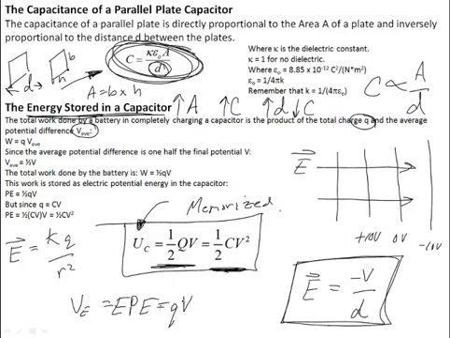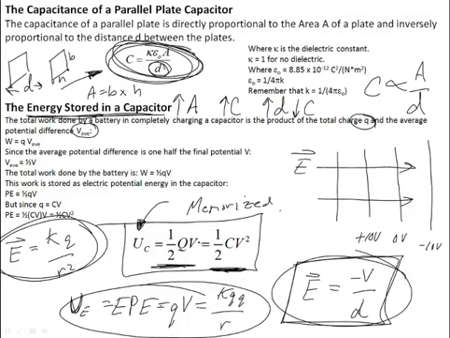But if you have two charges, it would be equal to KQQ over R. That's for the energy. I'm bringing up these equations again because they are going to be part of your review. The WebAssign is a review today, and it's actually going to be pretty easy. I think the homework is going to be easy because I want you to spend some of the time studying for the big quiz.